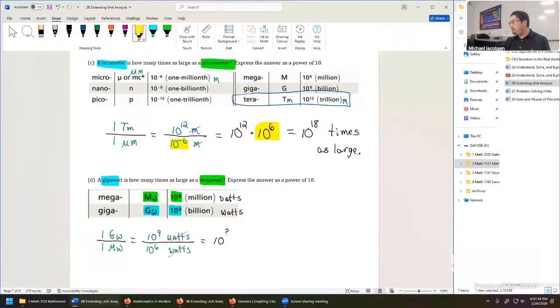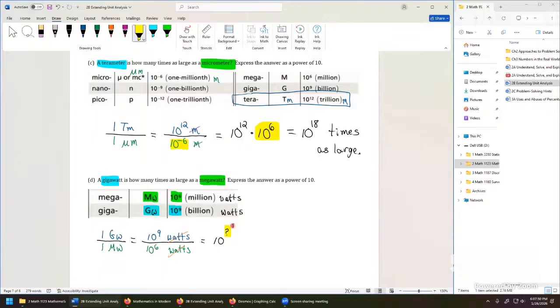Anyone happen to see what would happen with the exponential notation? What exponent would we get when we take 10 to the power 9 divided by 10 to the power 6? Ten to the power of 4. Close.